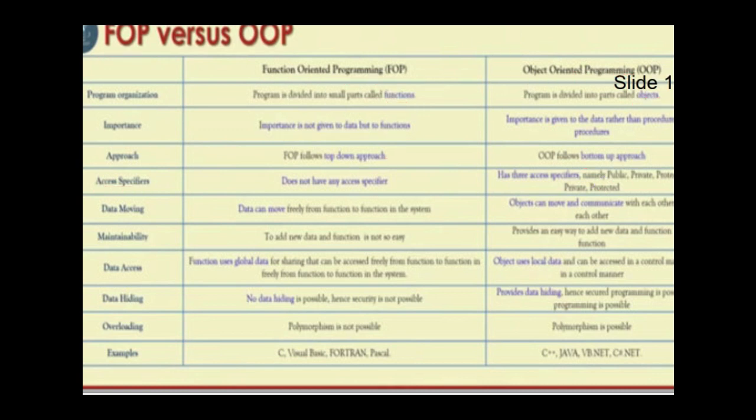Next, we can see the data moving. In function-oriented programming, data can move freely from function to function in the program, and in object-oriented programming, objects can move and communicate with each other. Next is maintainability. Adding new data and functions is not easy in function-oriented programming, but object-oriented programming provides an easy way to add new data and functions.